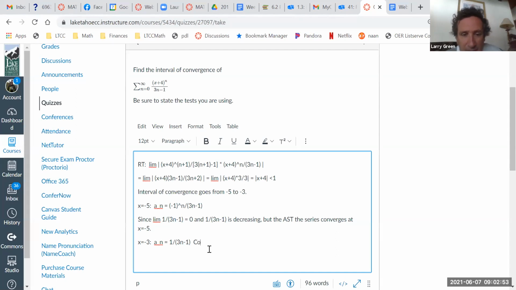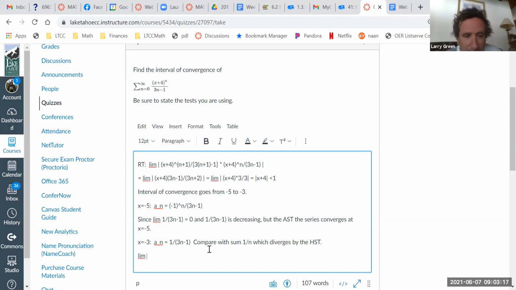So compare with 1 over n, the sum of 1 over n, which diverges by the harmonic series test, because that's the series of all examples. So now we take the limit.